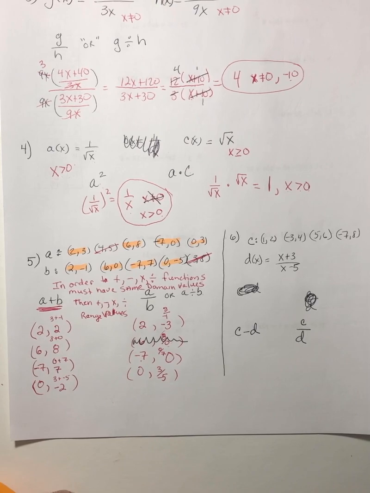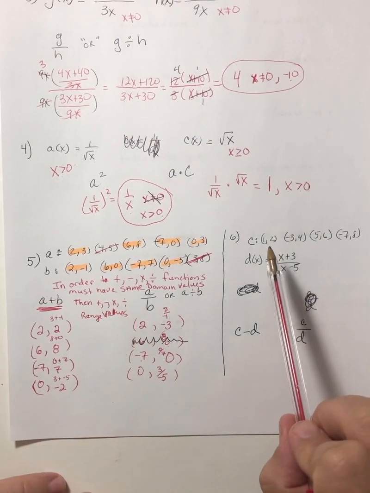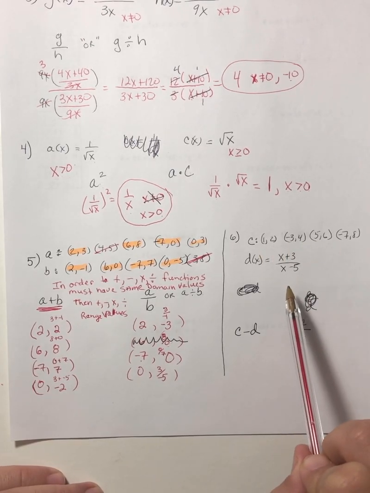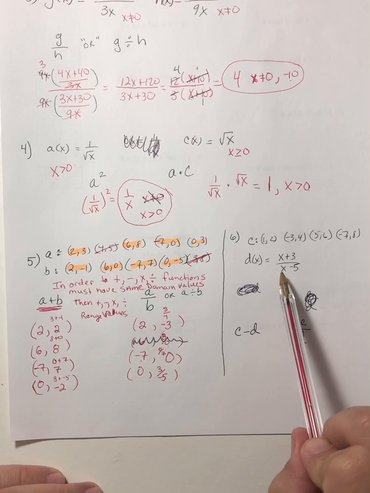Now, the last one, number 6. I know I went over these a little quick, so watch the video again. Rewind. All right, last one. Same ideas. The only way that we can add, subtract, multiply, divide functions is if the domains are the same. Well, what do you mean you don't know the domains?